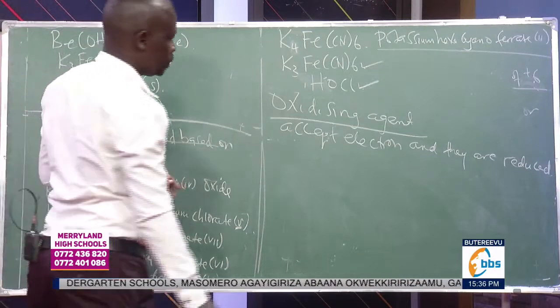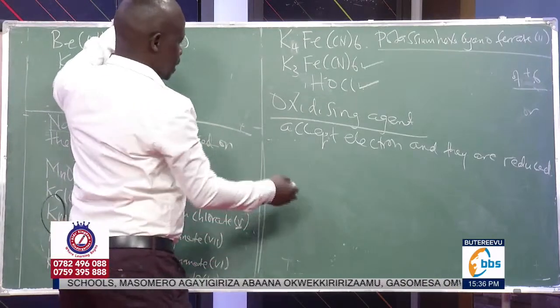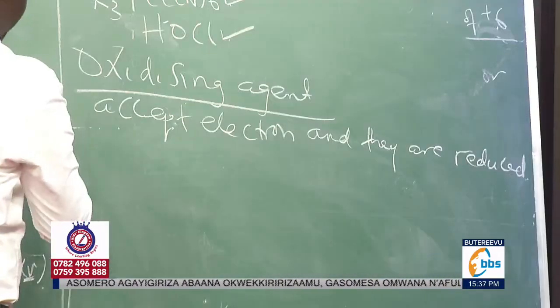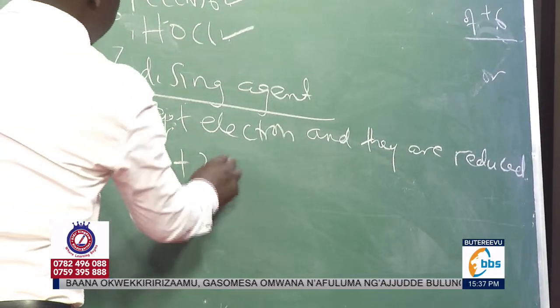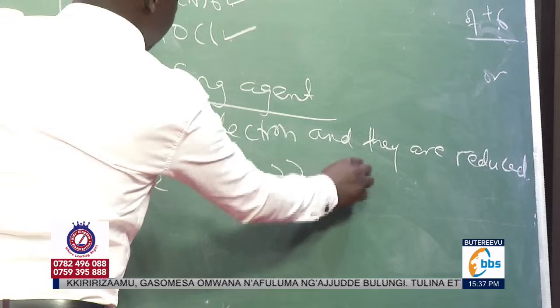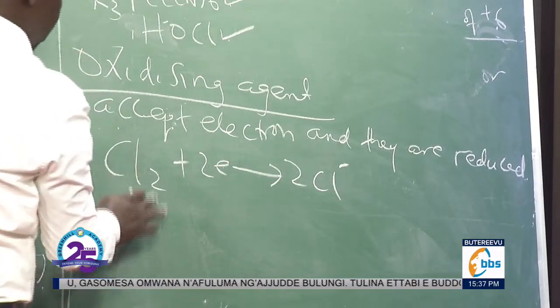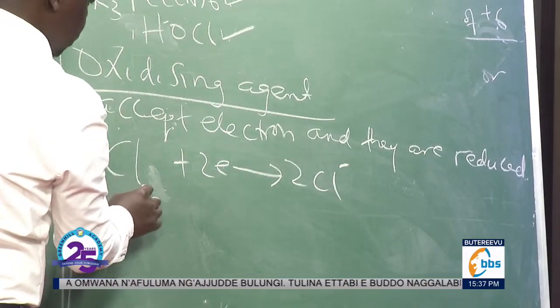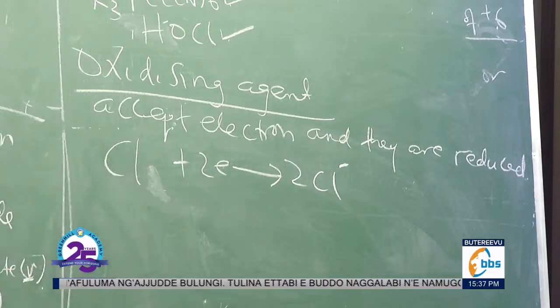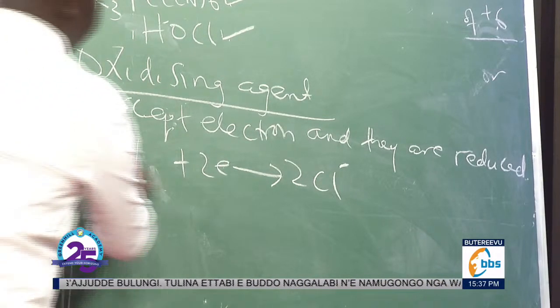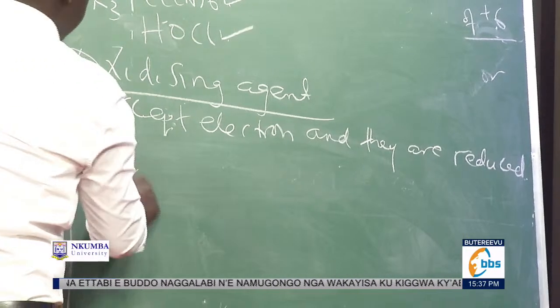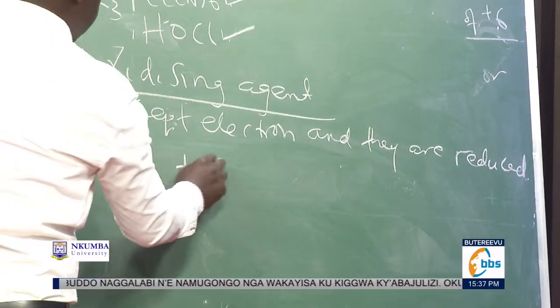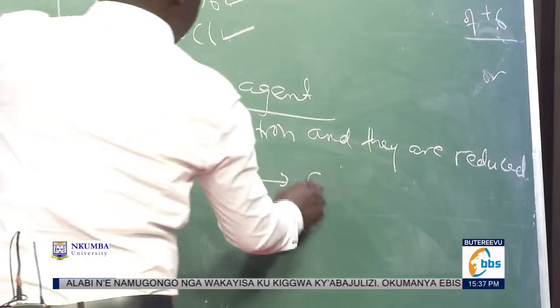An example we have is the manganate, but manganate is a little bit hard for now. Let me use chlorine plus 2 electrons. We form 2Cl minus. Let me use the atom. I prefer writing sulfur. Sulfur plus 2 electrons forms what?